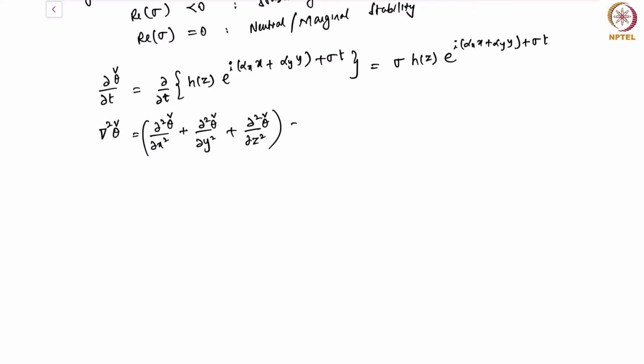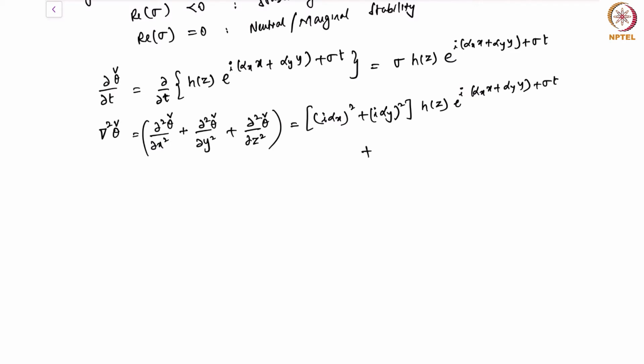Now, del square by del x square gives us (i alpha x) whole square, and del square by del y square becomes (i alpha y) whole square. Common to both of them is h of z e power i (alpha x x plus alpha y y plus sigma t).